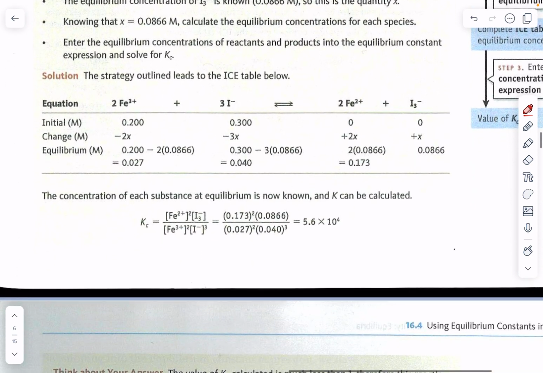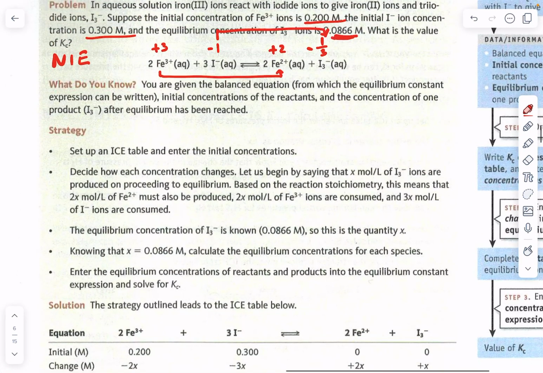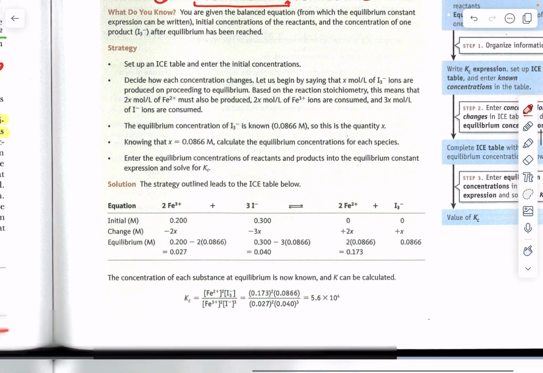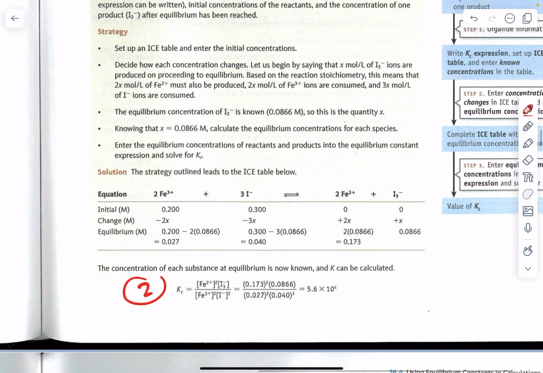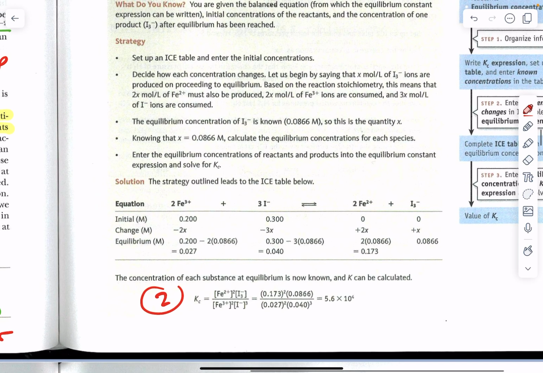So once we've analyzed that, and following my steps, step 1, write down the equation. Step number 2, I always like to do next, is I write the equilibrium expression so I know what I'm looking for. Step number 3 is the ice chart.